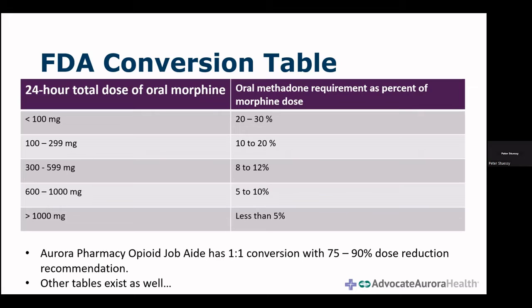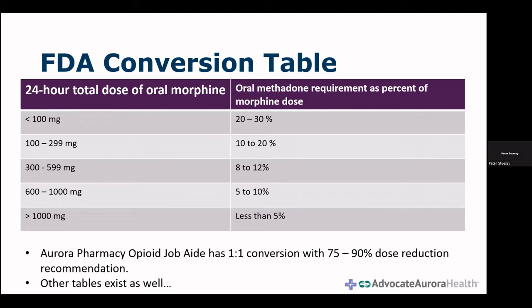And they just have you do a 1-to-1 conversion and then decrease by 75 to 90%. That is all the recommendation they give the pharmacy staff in this particular job aid. To say that I have recommended changes to that job aid is being very calm. I have shouted and yelled quite a bit on that one.